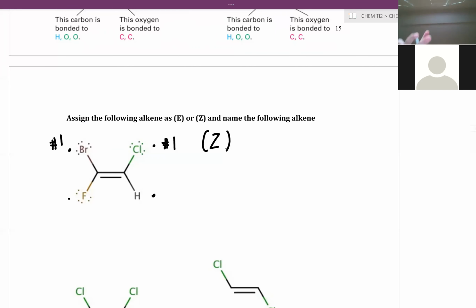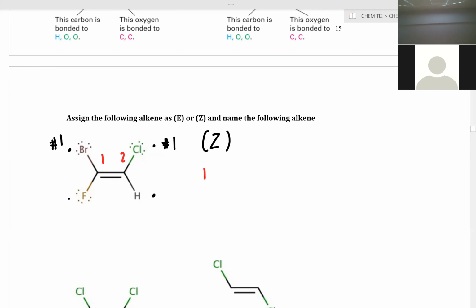Okay, now let's think about naming this. We can either count 1, 2, so we'd have 1-bromo, 1-fluoro, 2-chloro, ethene.